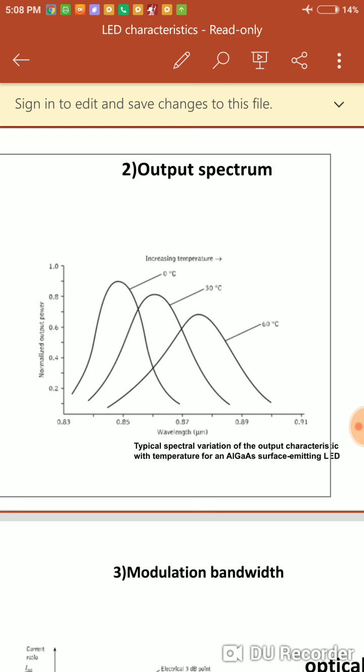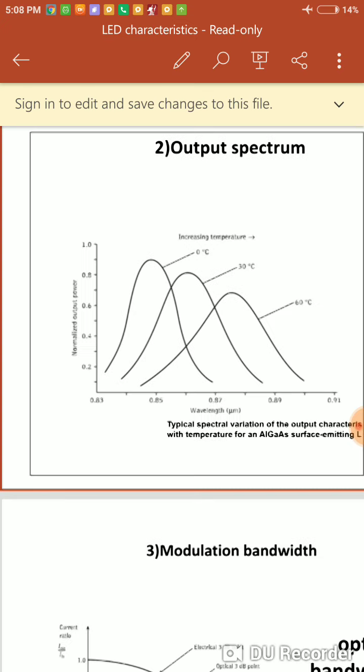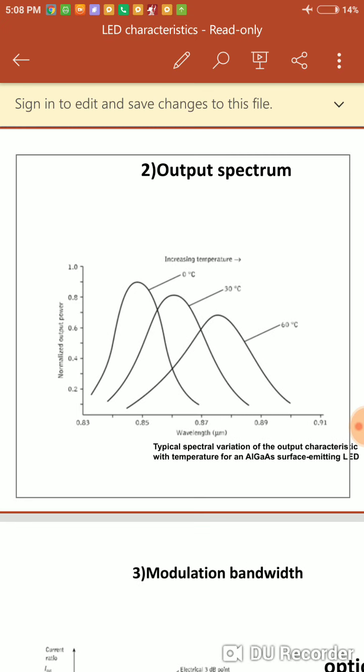If the output spectrum is broad, that means there are multiple wavelength ranges, and if the wavelength ranges are more, we are not getting an intense beam of light at the output. The narrower our output spectrum, the more intense the beam of light we get at the output. It is the graph of the normalized output power versus wavelength.